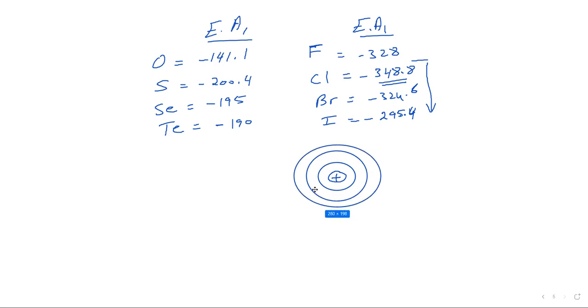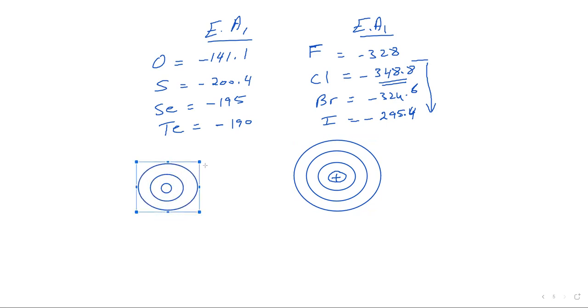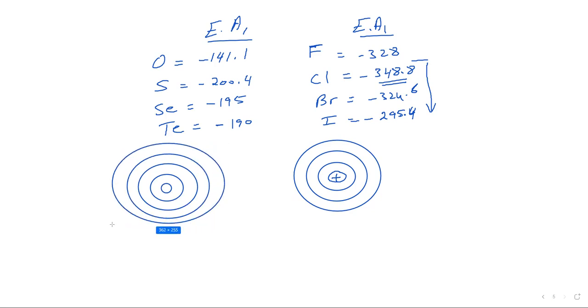If we look at the bromide, we'll see that bromine is present in the fourth period. It means that there are more shells when it is present in the fourth period. This means that there are more shells in the bromine compared to the chlorine.